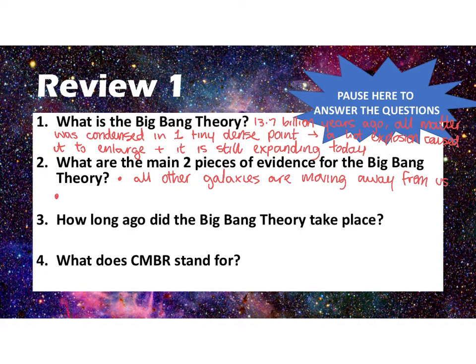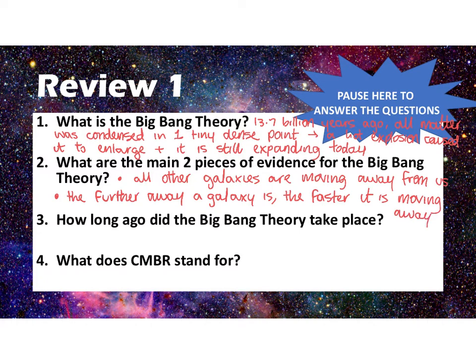And the second piece of evidence is the further away a galaxy is, the faster it is moving away. Okay, so these 2 things are proof that there was an explosion, because those 2 things are commonly found in other explosions.